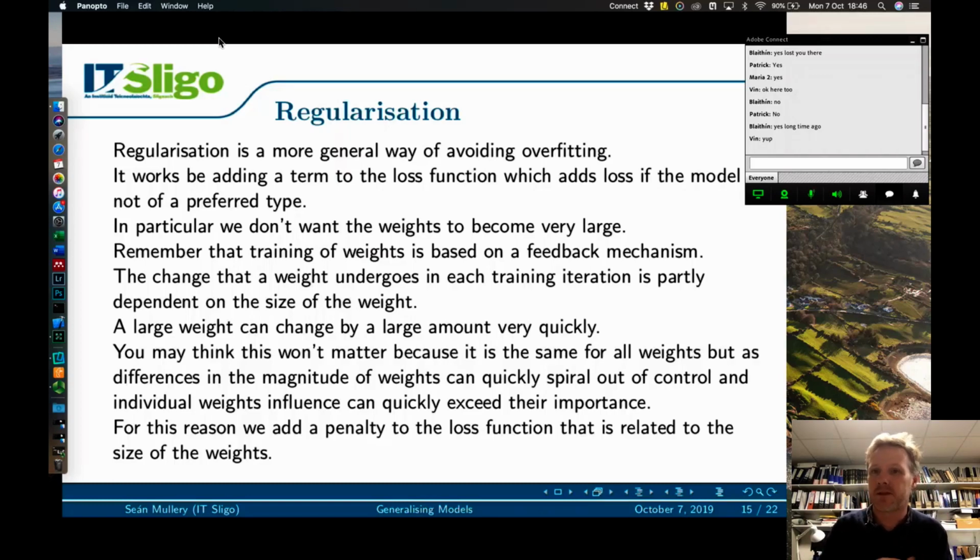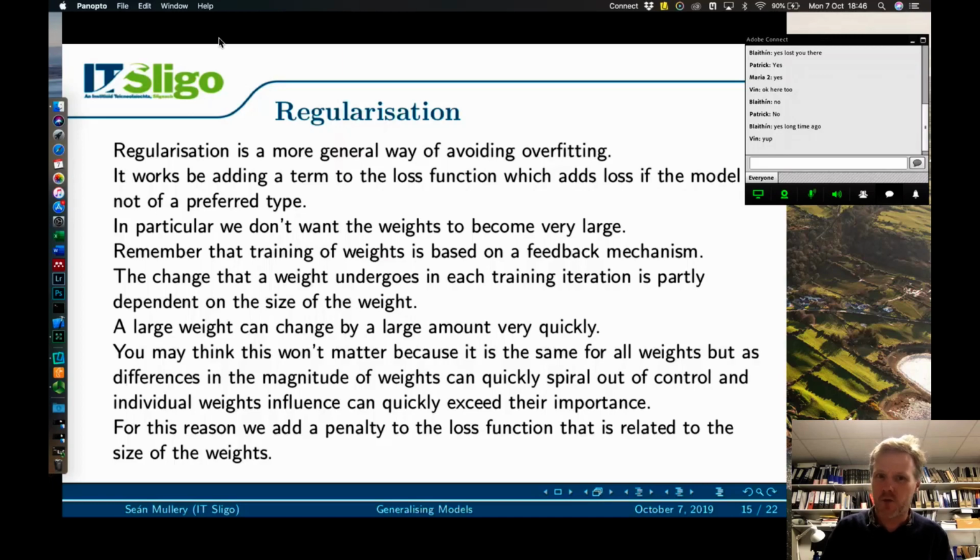So it stops, let's say, higher degree polynomials causing major swings to occur and that sort of thing. There's a lot of different reasons that we would do it, but it's all to do with keeping the thing stable and stopping it from changing too quickly, and therefore finding an unusual or a damaging model.